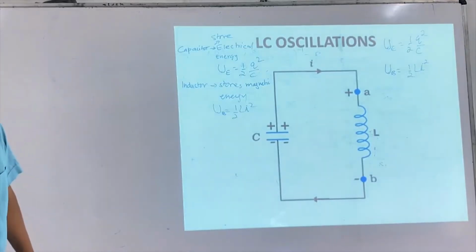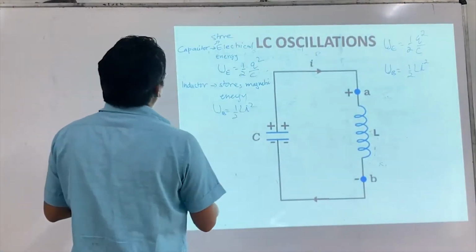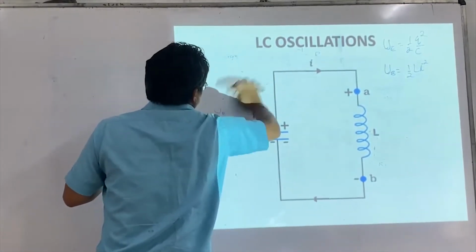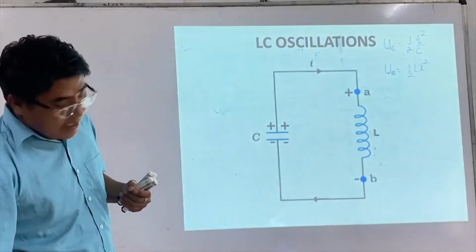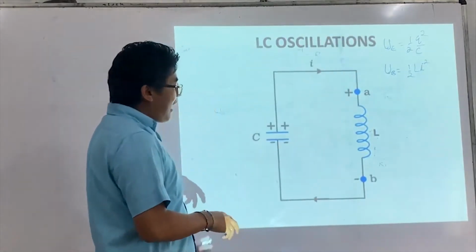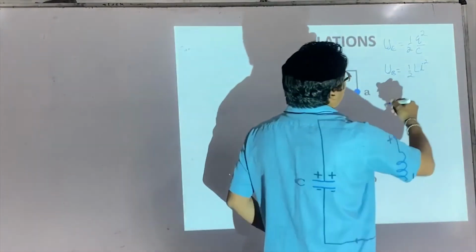All right. So how I am going to start is at any instant of time t. Q is the charge on the capacitor and I is the current in the inductor at the given time t.